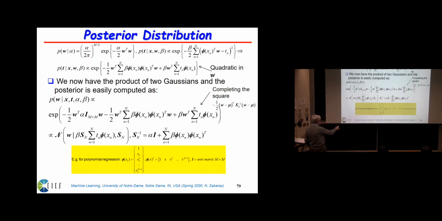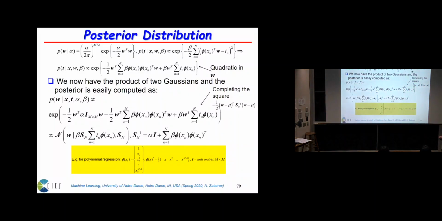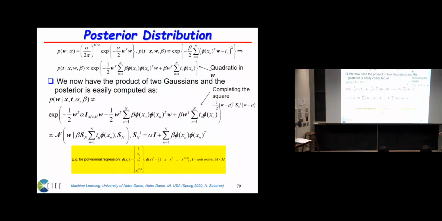So effectively, is phi of xn a column or a row of a big matrix phi? Obviously, it cannot be a column, because when you traverse the column, you go through every data point with the same basis function. So if phi of xn is a column vector, phi transpose is the nth row of the design matrix.